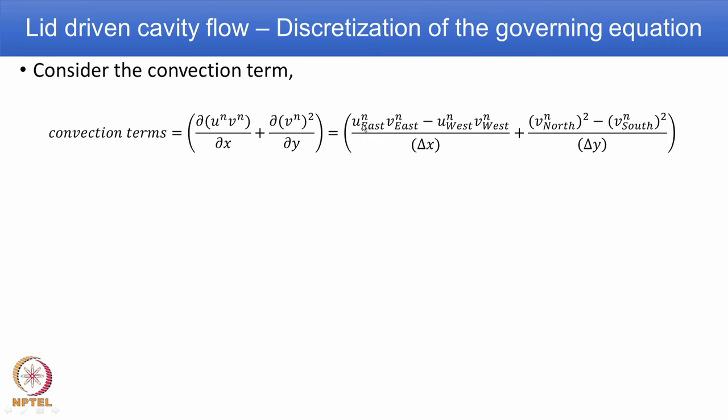So, we have u east at nth level, v east at nth level, minus u west at nth level and v west at nth level, divided by delta x. Similarly, for the second term, we have v north from n time level squared minus v south at n time level squared, divided by delta y.